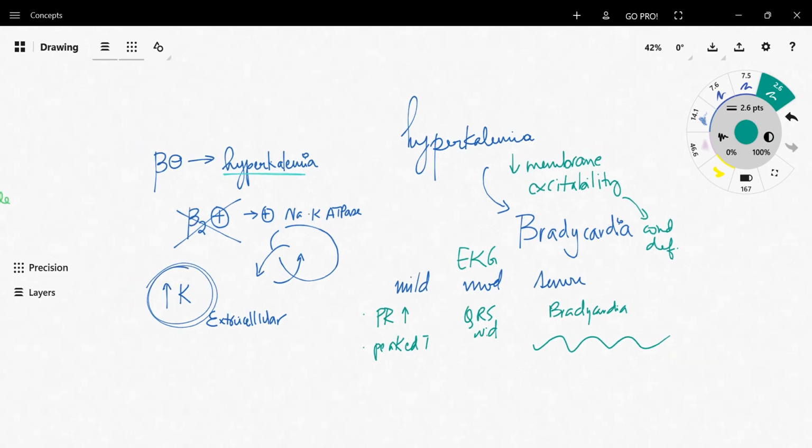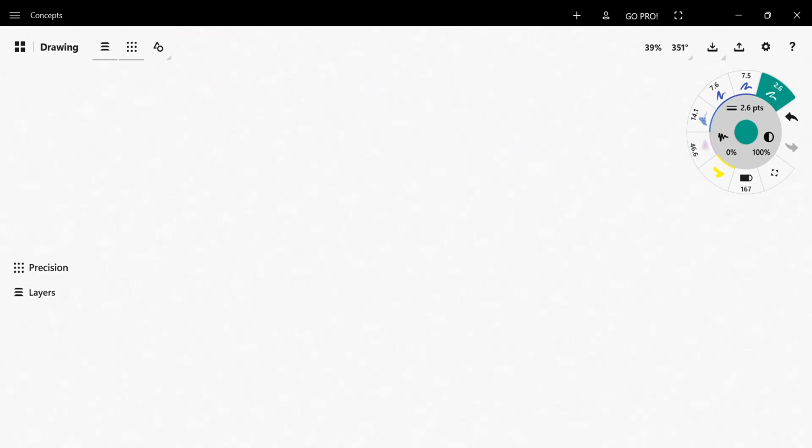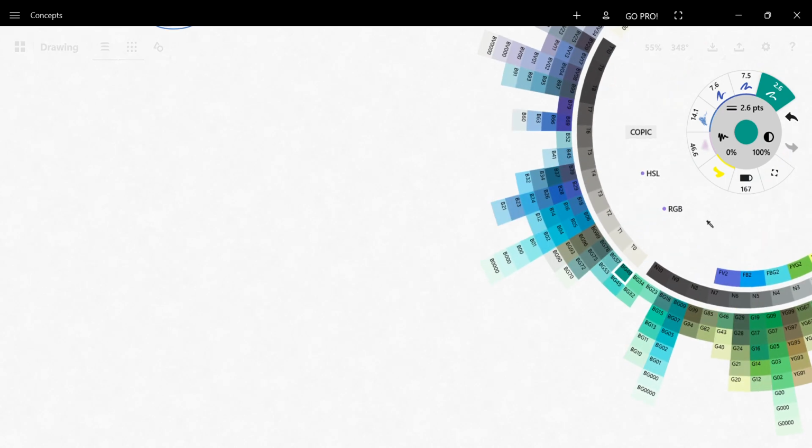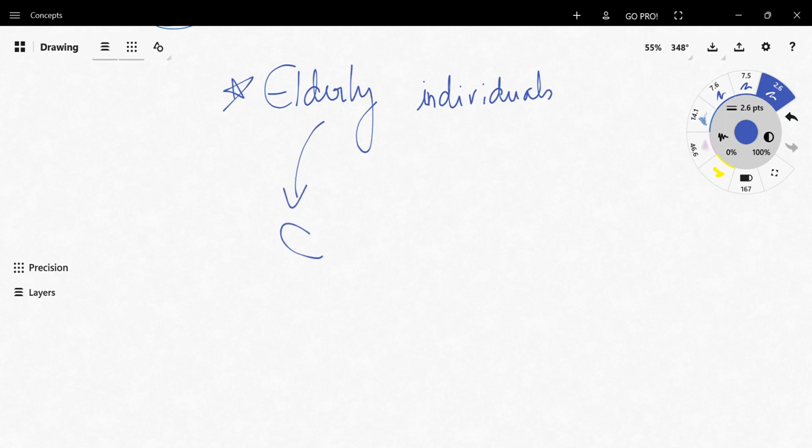Now, who is the population that typically gets affected by BRASH? So it's going to be elderly individuals, right, who have underlying cardiac or renal dysfunction, like impairment.